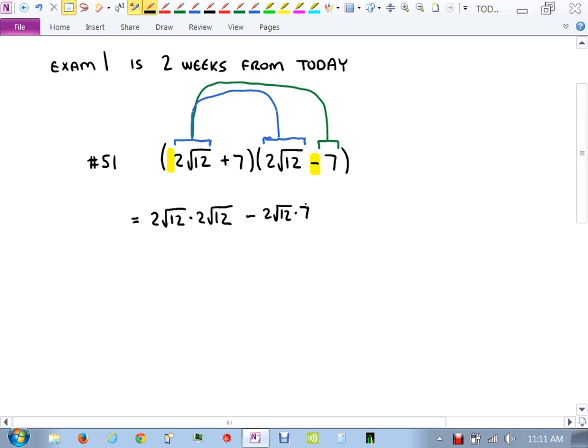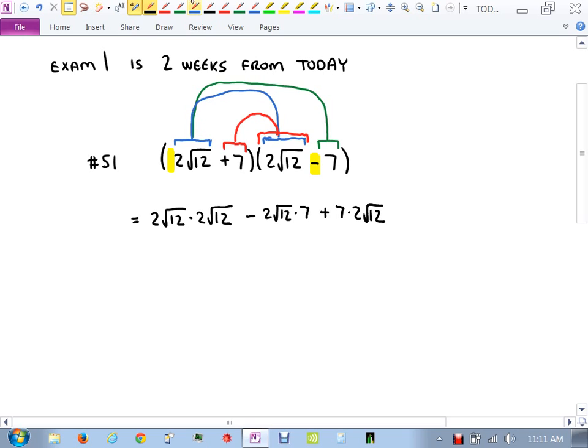From the negative. Now, when we do the inner multiplication, that means I'm going to take the positive 7 and multiply it over here times this. They're both positive, so positive times positive is positive, right? So that's why I'm going to do now a plus 7 times 2 root 12.